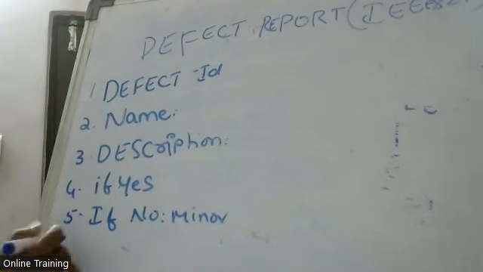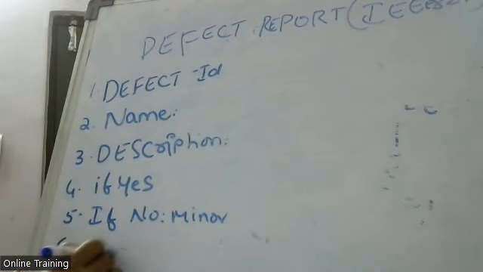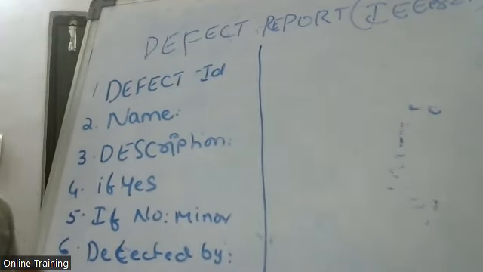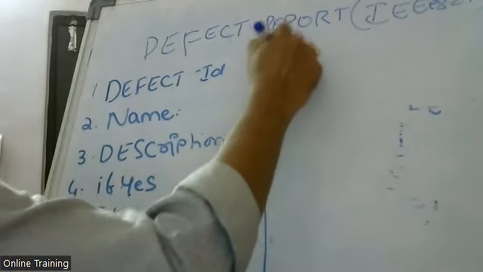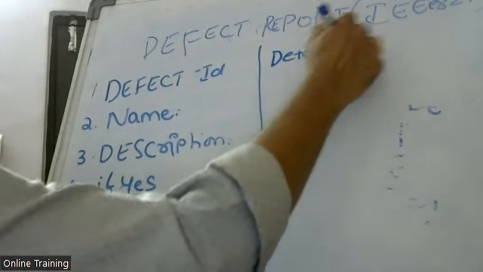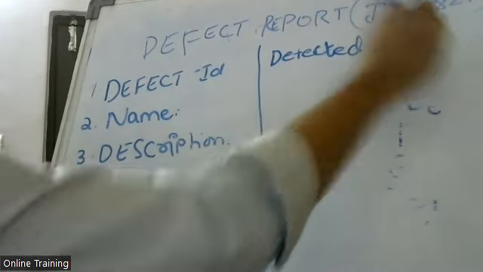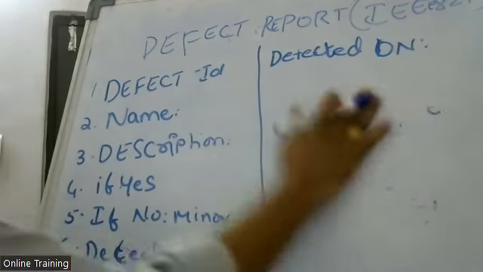Next, detected by: who is going to detect? The name of the tester. Next, detected on: on which date was it detected?